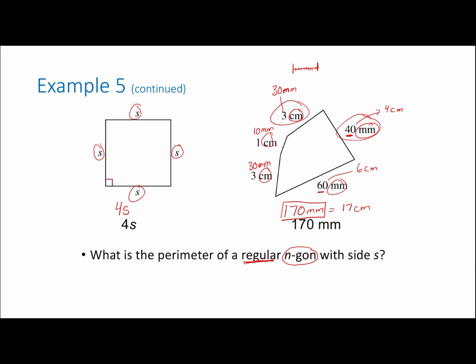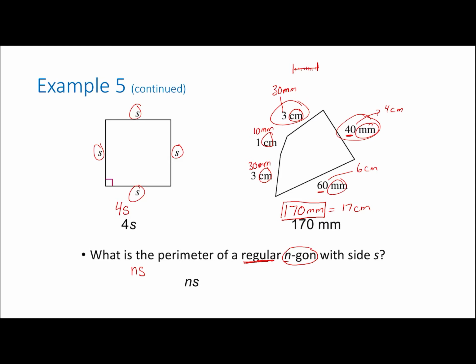And so to find the perimeter of an n-gon with S sides, we're simply going to take the number of sides, which is n in this case, times the side length S, and we're just going to have nS as that perimeter.